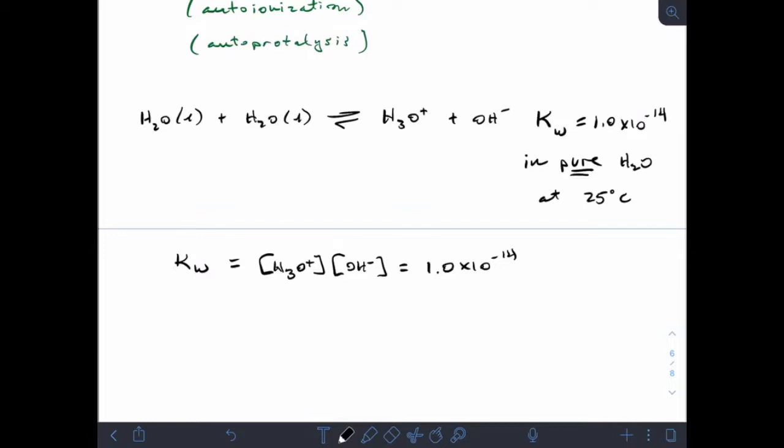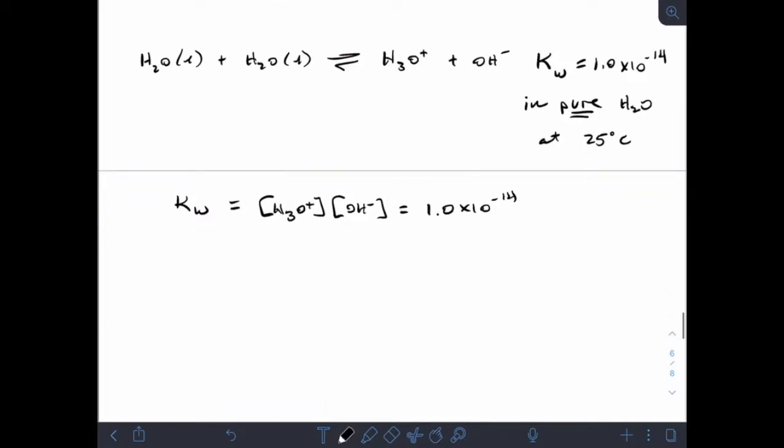So if I needed to find one or the other, I can use this relationship. So that means that H3O+ times OH- equals Kw.